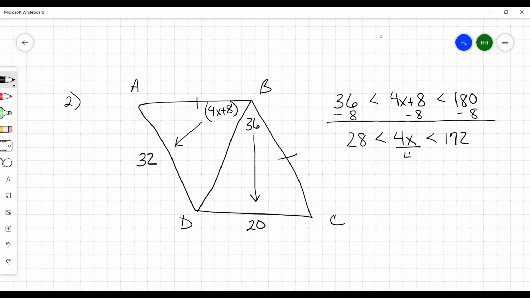Then divide everything by 4. So we get 7 is less than x, which is less than 43. There's your range of values.